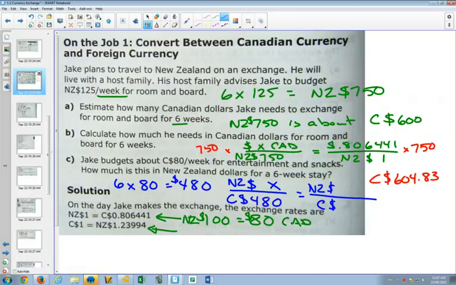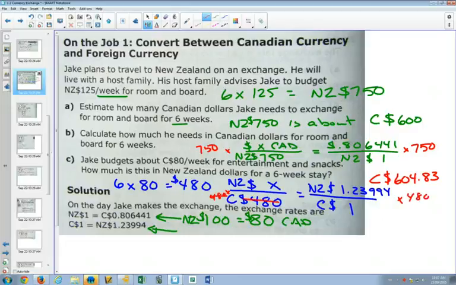But if we use this one here on the bottom, we know that 1.23994 is equal to 1 Canadian dollar. Now that we set up our proportion, to solve for x, you would need to multiply both sides by 480. That would cancel those out.